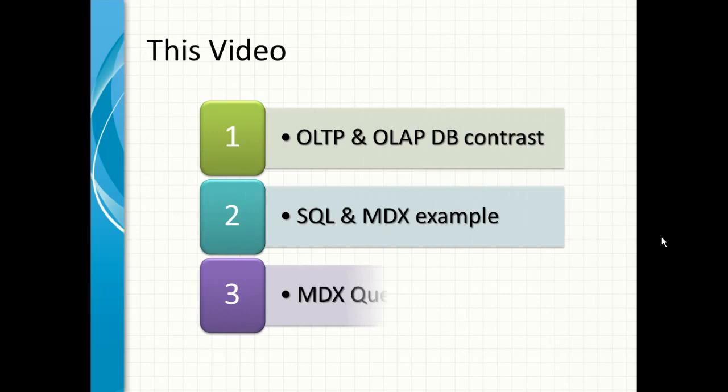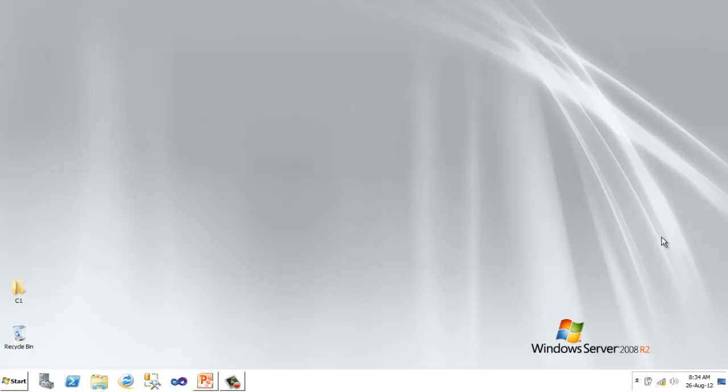In this video, we will see the high-level comparison between OLTP and OLAP database. For this, we will be using the AdventureWorks DW 2012 sample database, and then we will also see the high-level MDX query structure. I'm opening two instances of SQL Server Management Studio to connect to the AdventureWorks OLTP database in one and to its OLAP version in another.